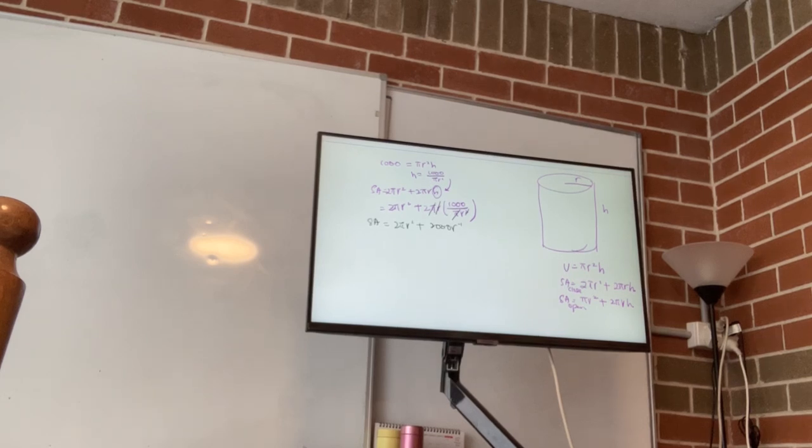$2,000 over R. Yes, yes, yes. And you can do the SADR. So nothing happens to the pi, it just stays there, right? Yes, pi is just a pi. Nice. Minus, yes.